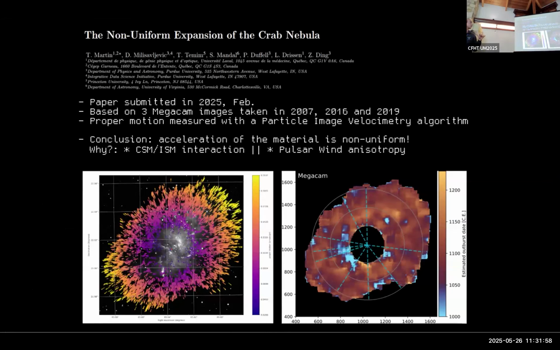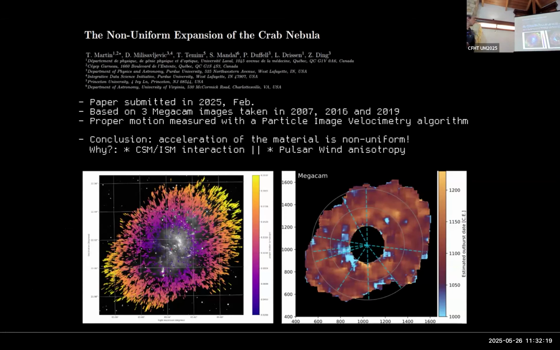Our last paper, which is still to be published: in this paper, we compared images taken by MegaCam at 3 different epochs to reconstruct the whole proper motion of the Crab Nebula, so the expansion of the Crab Nebula everywhere on the nebula.